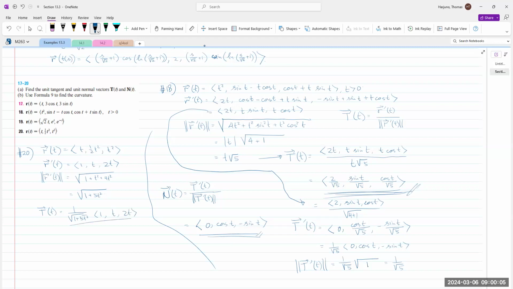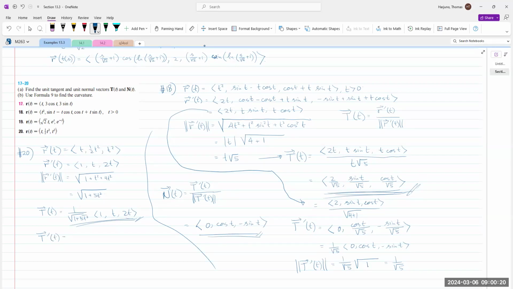Yeah, I keep it that way. And then how about the derivative of the unit tangent factor?